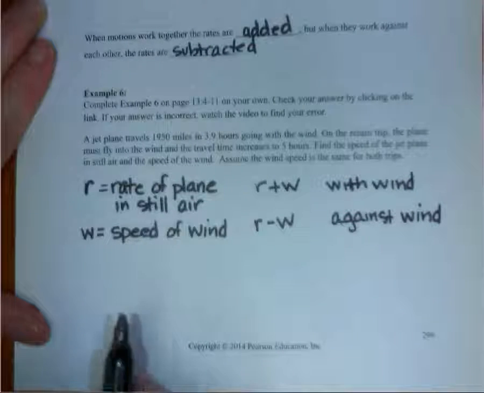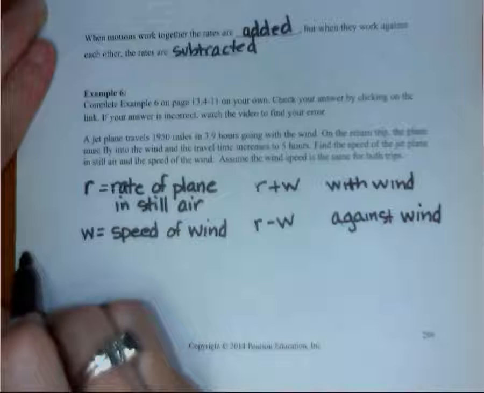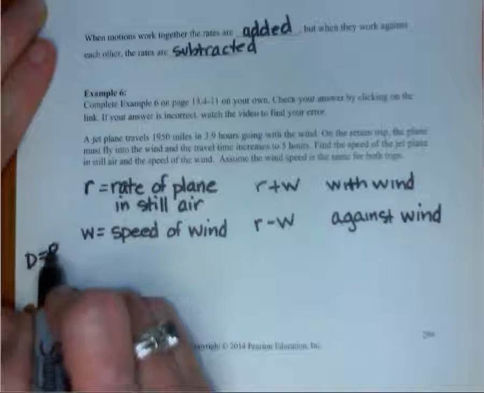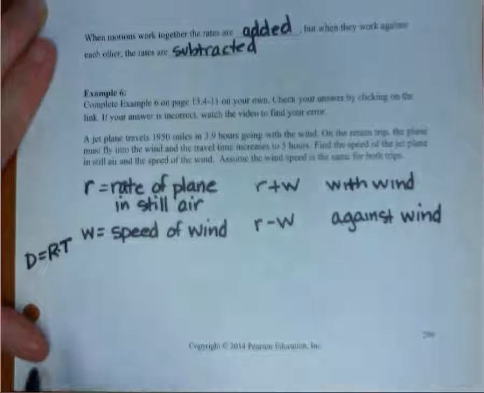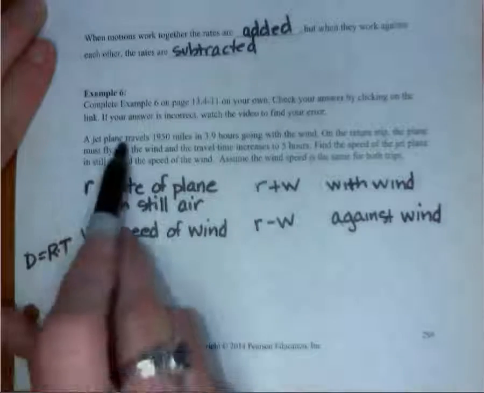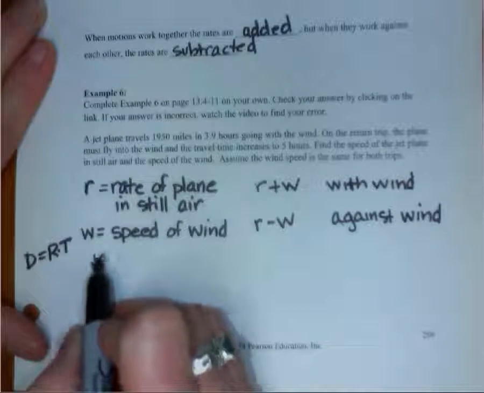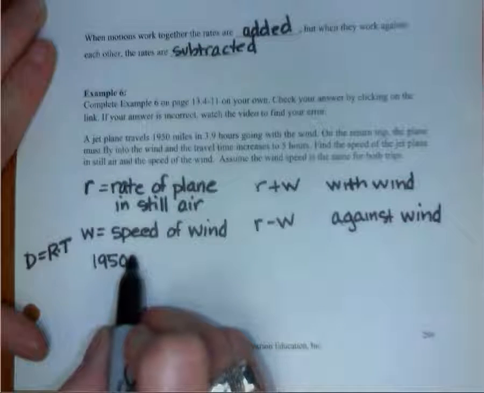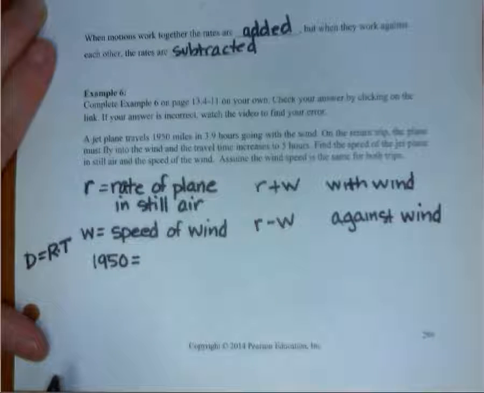So what I now know, using the formula distance equals rate times time, the distance that the plane traveled was 1,950 miles. That's the distance, which equals the rate times the time.